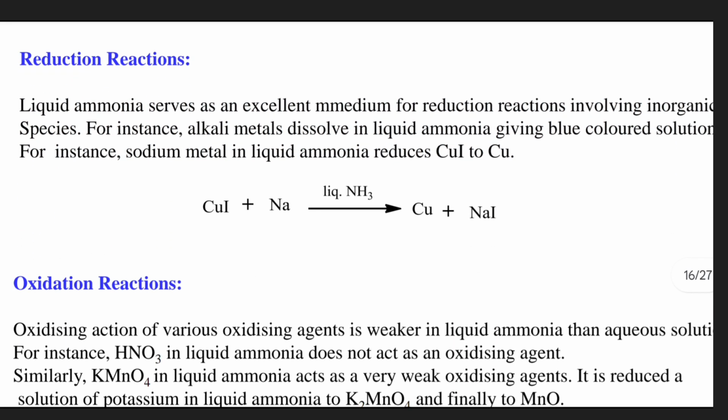Reduction reactions. Liquid ammonia serves as an excellent medium for reduction reactions involving inorganic species. For instance, alkali metals dissolve in liquid ammonia giving a blue colored solution. Sodium metal in liquid ammonia reduces copper iodide to copper.